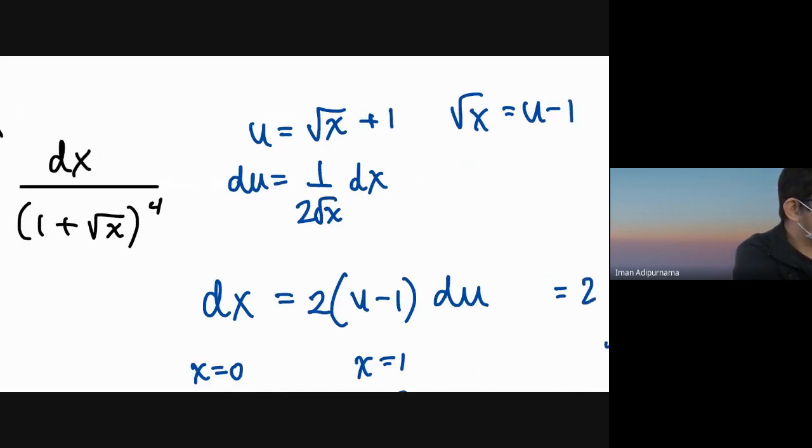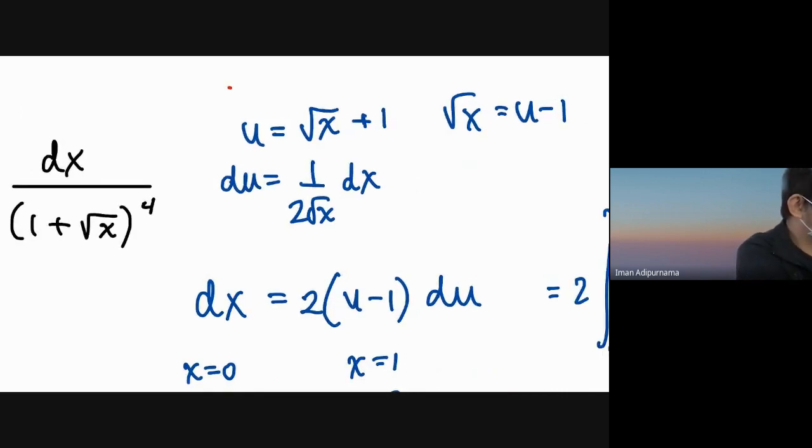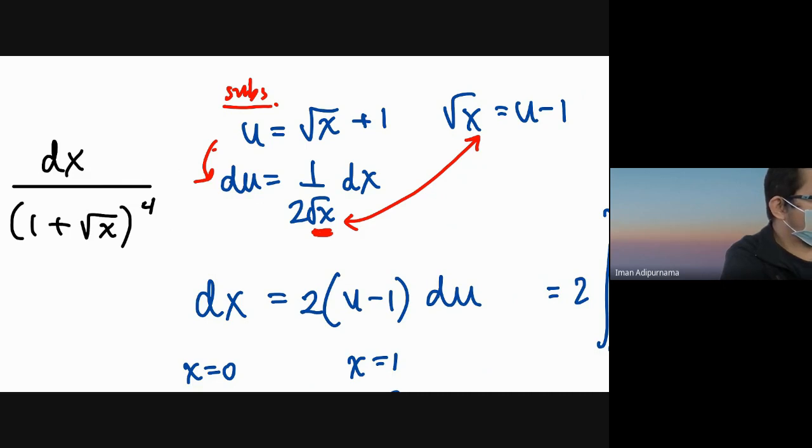Now, if we use the substitution method, we let u equal square root of x plus 1. Then du is 1 over 2 square root of x dx, and we can exchange the square root of x with u minus 1.